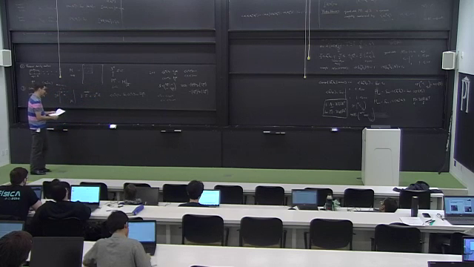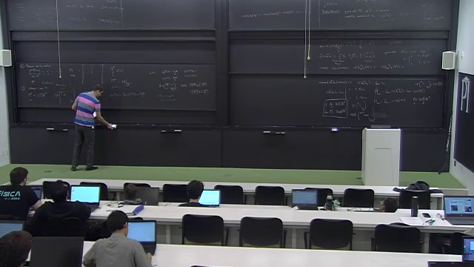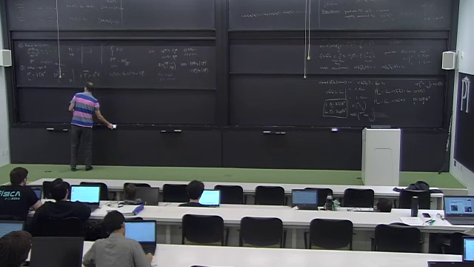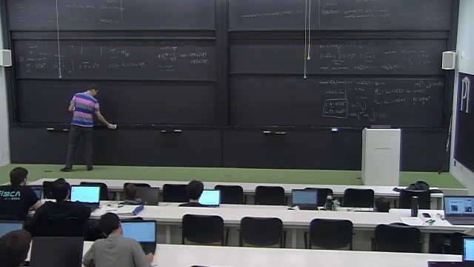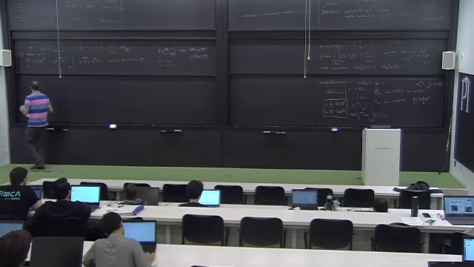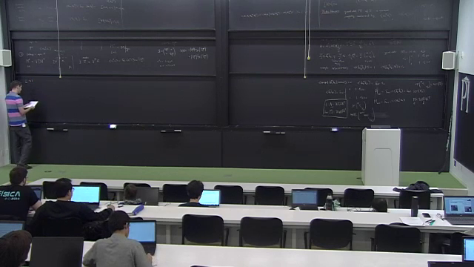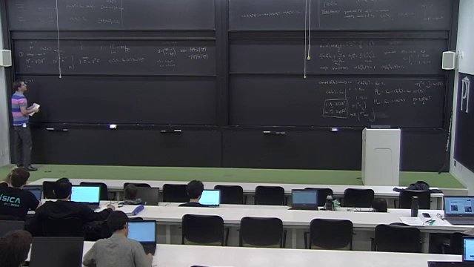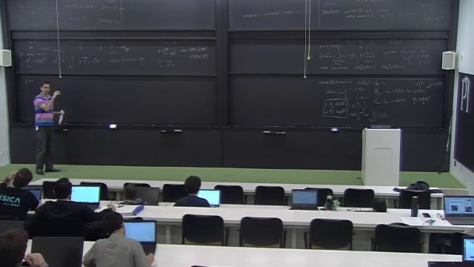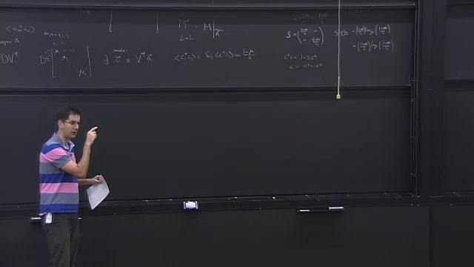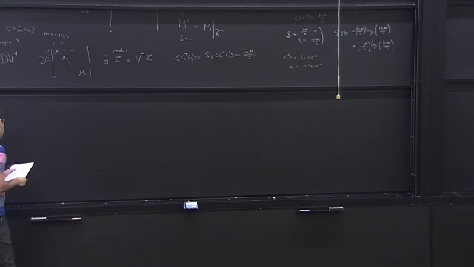Okay, so what happens if there is more than one mode? Well, in this case, what we've seen is that we have L modes that we call C that are uncorrelated.